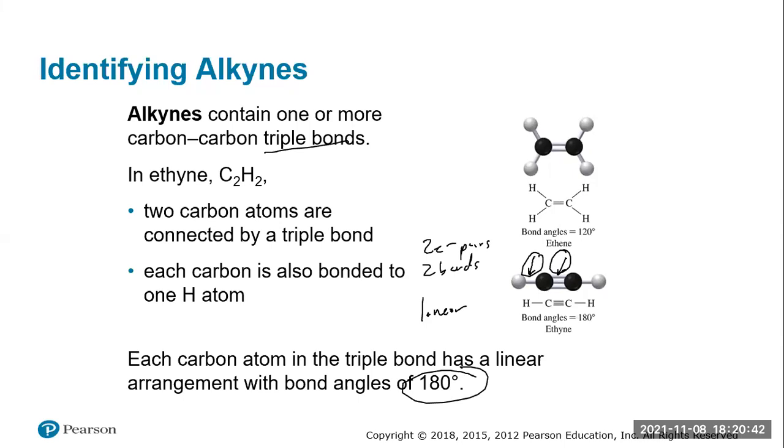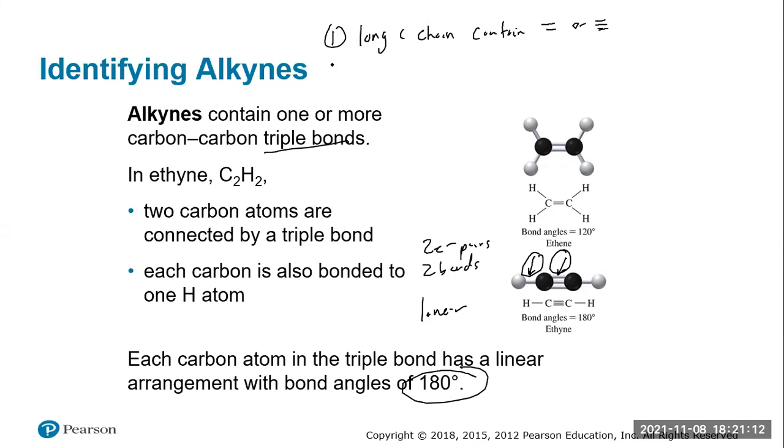So how do we go about naming these? We basically follow the same rules as we do with alkanes, but there are a couple of different things. We are looking for now the longest carbon chain, but it needs to contain either the double bond or the triple bond, depending on which one's present. It needs to contain that.